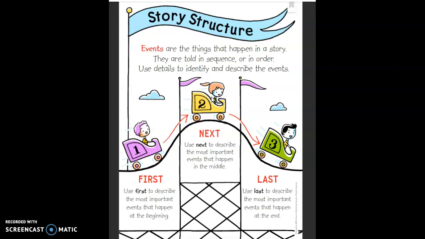And next, we know that was super important in the middle. And if they say, and last we did this, that would be important for the end of the story. So we are going to practice this by reading a story and identifying what happened in the beginning, what happened first, what happened next, and what happened last.